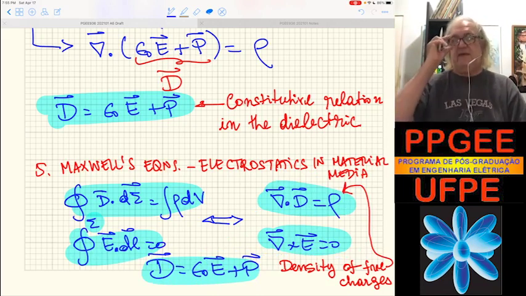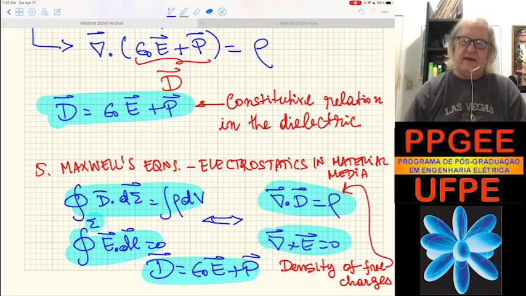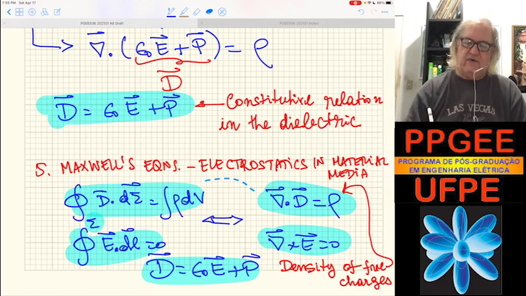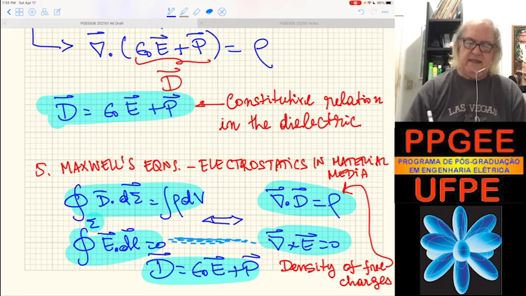And if you go to the integral theorems, we can go to the integral forms of this relationship. That's Gauss's law, okay? And this is the conservative property of the E field.